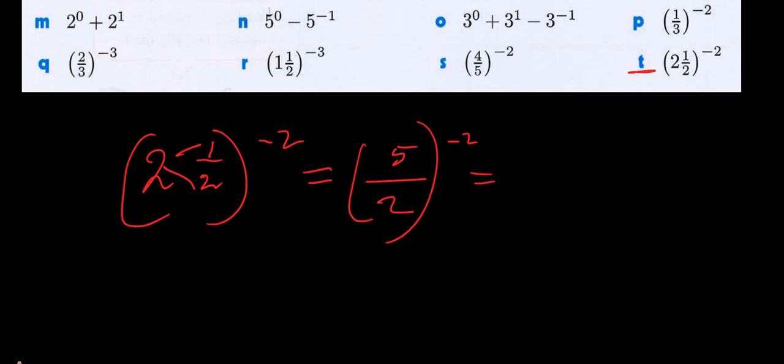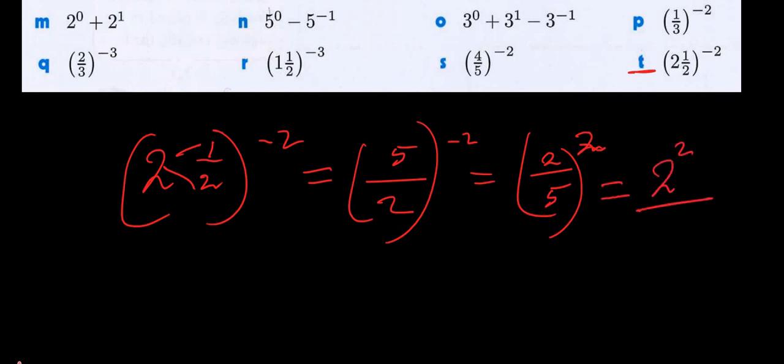So we take the reciprocal of 5 over 2, and that becomes 2 over 5, exponent 2. Now this will become 2 squared over 5 squared. So 2 squared is 4 over 5 squared, which is 25. Good. This is now the final answer to this question. I hope this makes some sense.